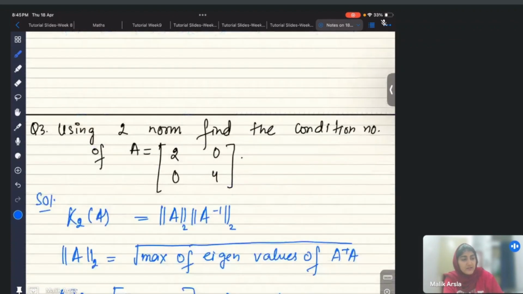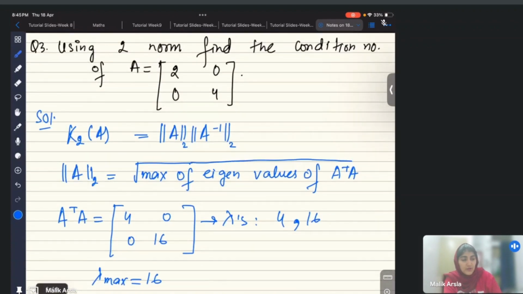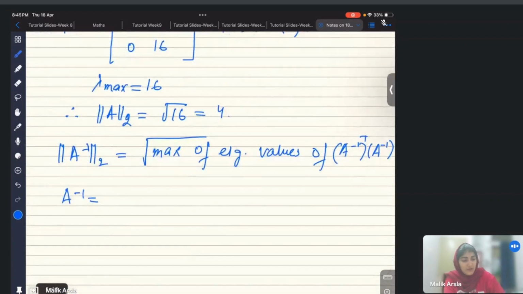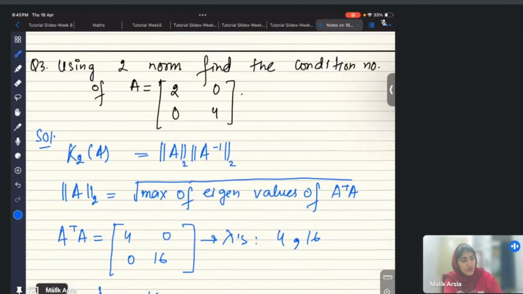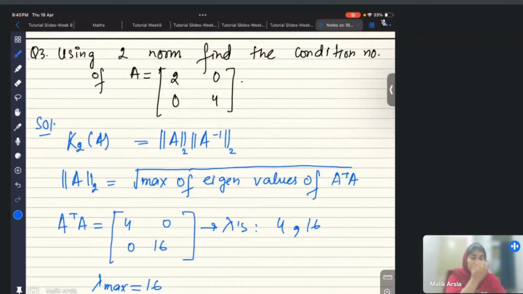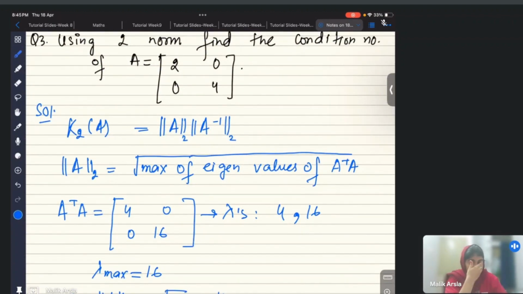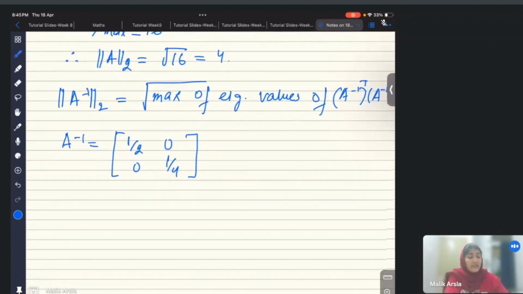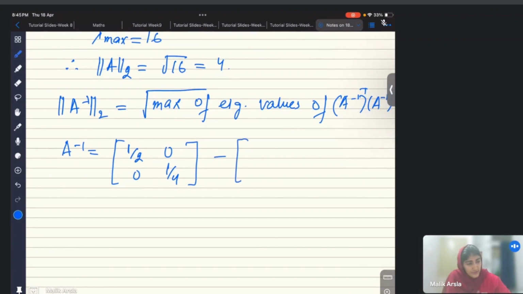Since it's a 2 cross 2 matrix, we reverse the diagonal entries and divide by the determinant, so it will be 1 by 2, 0, 0, 1 by 4. Or simply, it's a diagonal matrix, so we take the inverse of every diagonal element, and that will be A inverse. So it is basically 0.5, 0, 0 and 0.25.